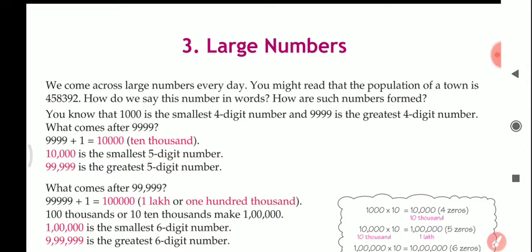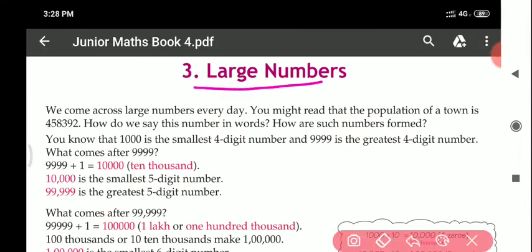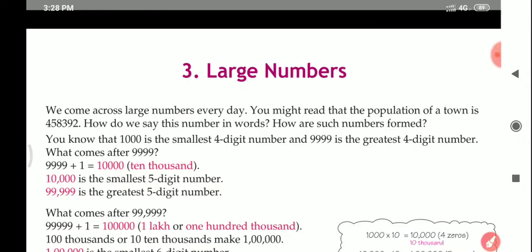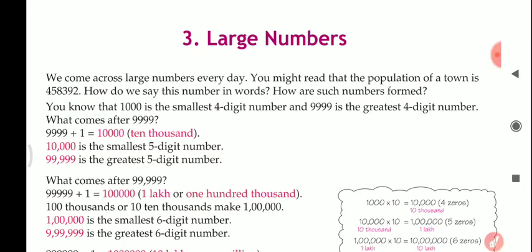Today we are going to start chapter number 3. As you can see on the screen, what is the chapter name given here? Large numbers. In this chapter we will discuss numbers above 4 digits, like 5-digit, 6-digit, 7-digit numbers and so on.